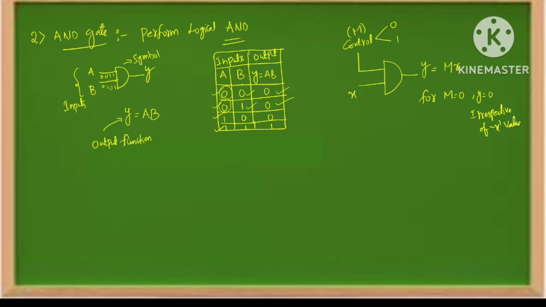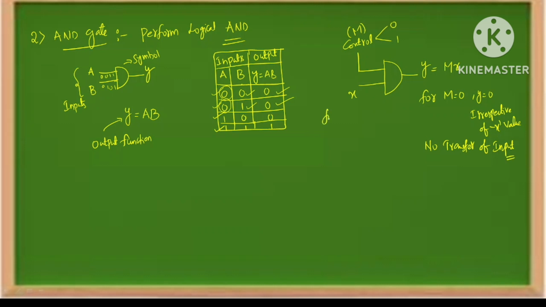X can be either 0 or 1, and y is 0. Hence there is no transfer of input from the input terminal to the output terminal.